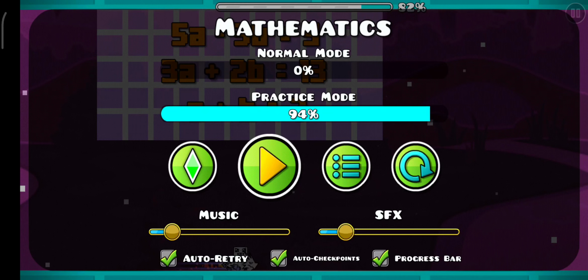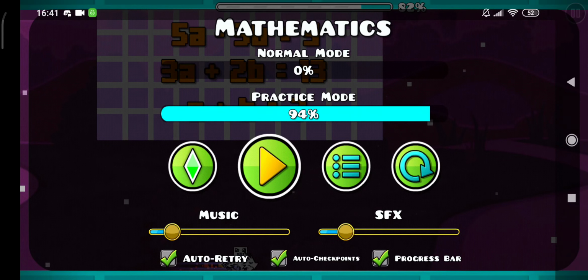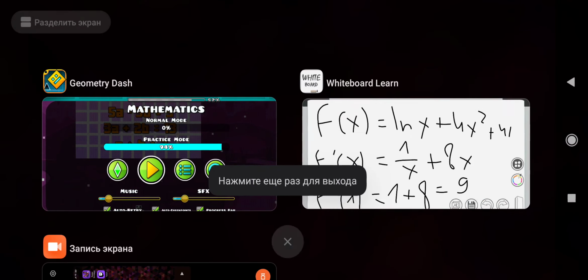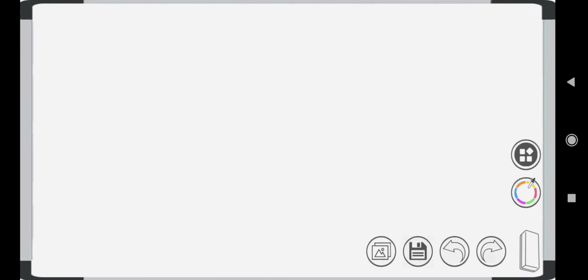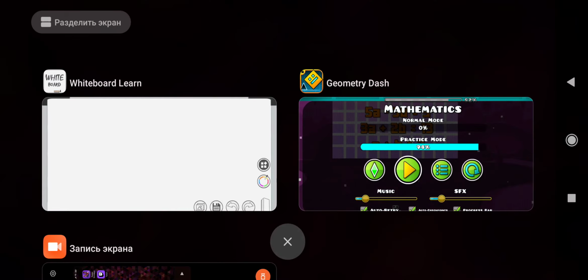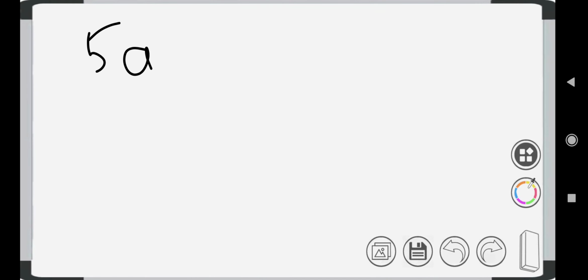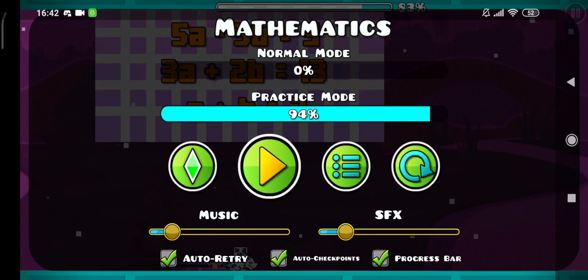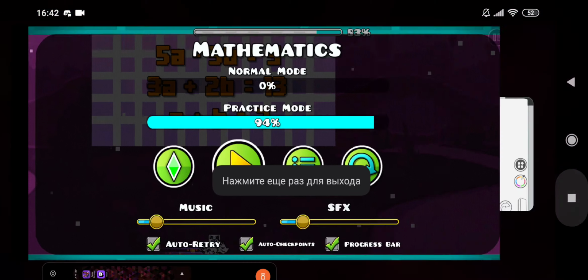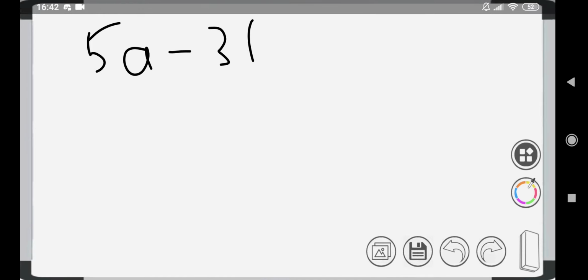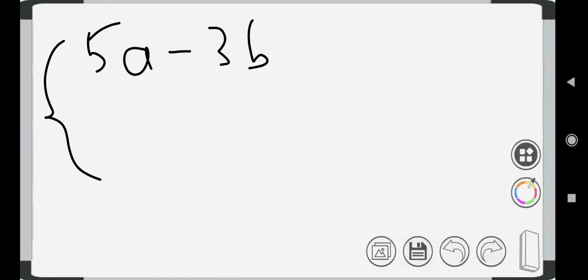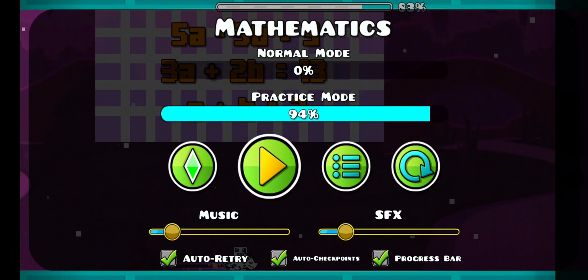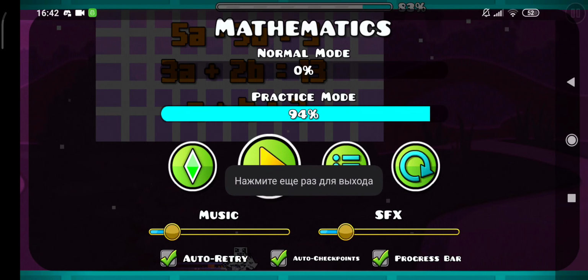And now at the end we have a system of equations. Let me quickly rewrite this. We have 5a minus 3b and 3a plus 2b, and 9 and 13.